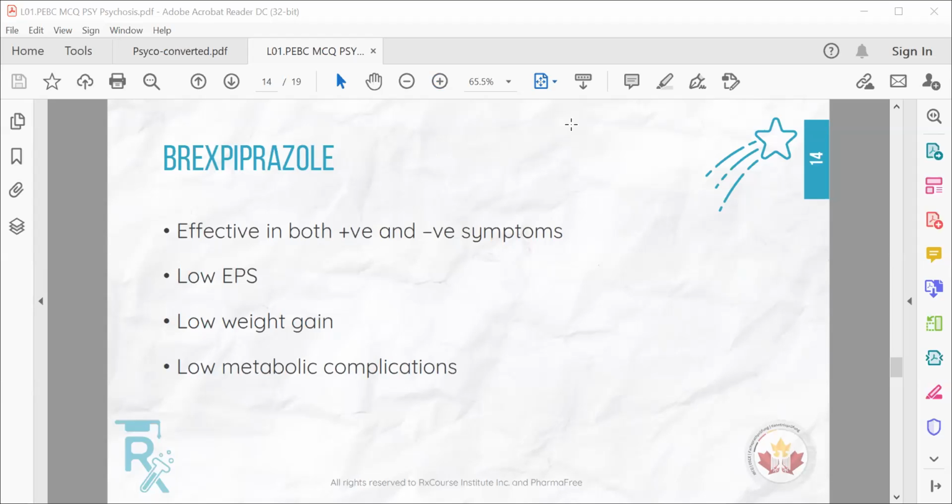Because they decrease the dopamine in the nigro area. Exactly. So this medication, the piprazole, doesn't bind to the D2 receptor in the nigrostriatal pathway. This is why it doesn't cause EPS. Okay? Okay, thank you. My pleasure.